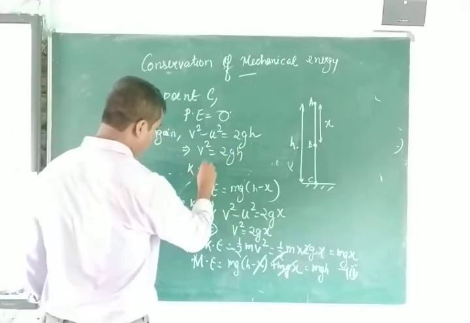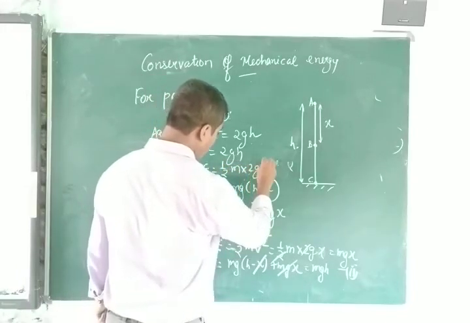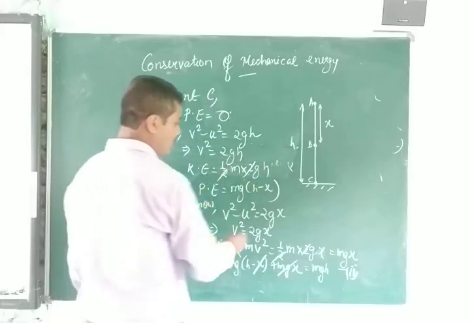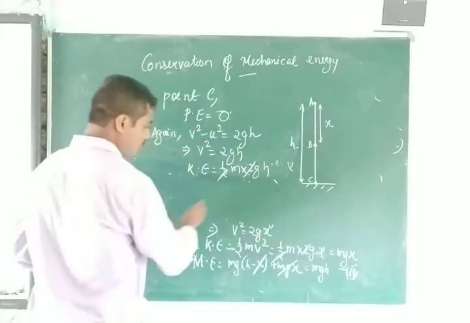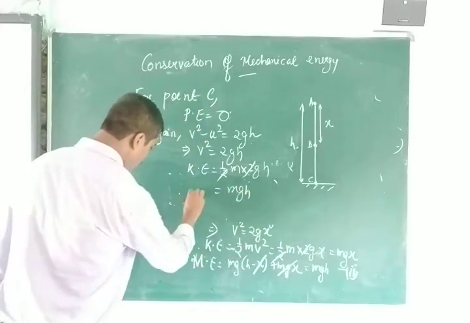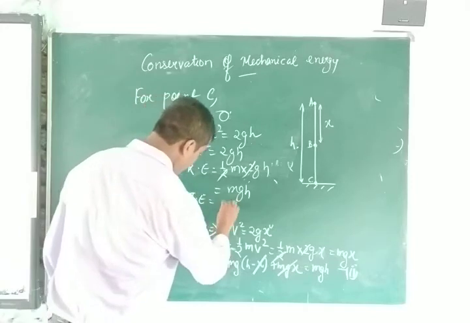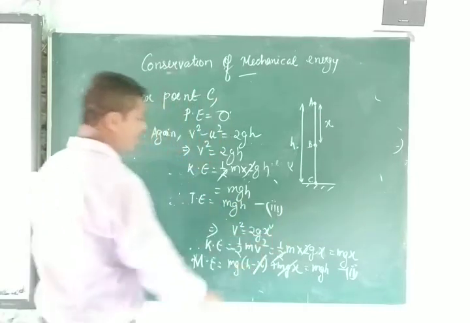Therefore, kinetic energy is equal to half m into 2gh. So 2 and 2 get cancelled, and you will get mgh. Therefore, total energy is equal to mgh. Equation number 3.